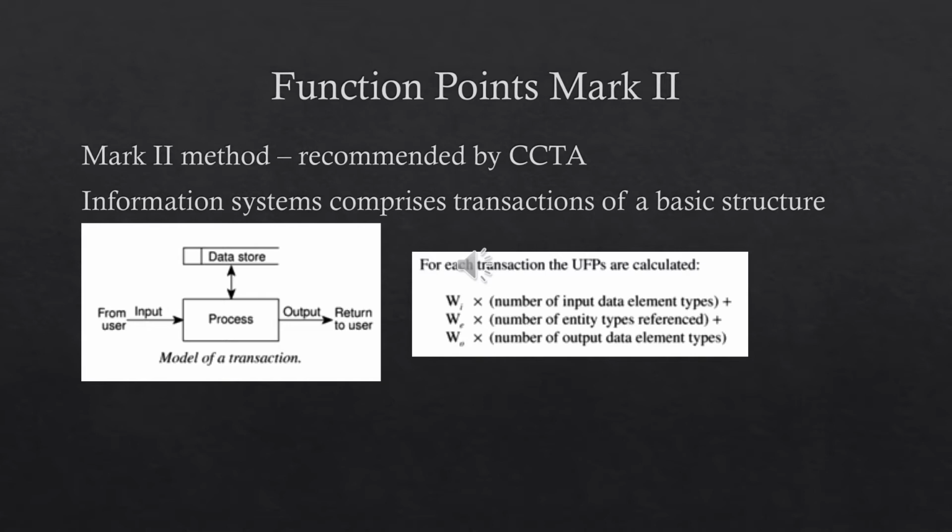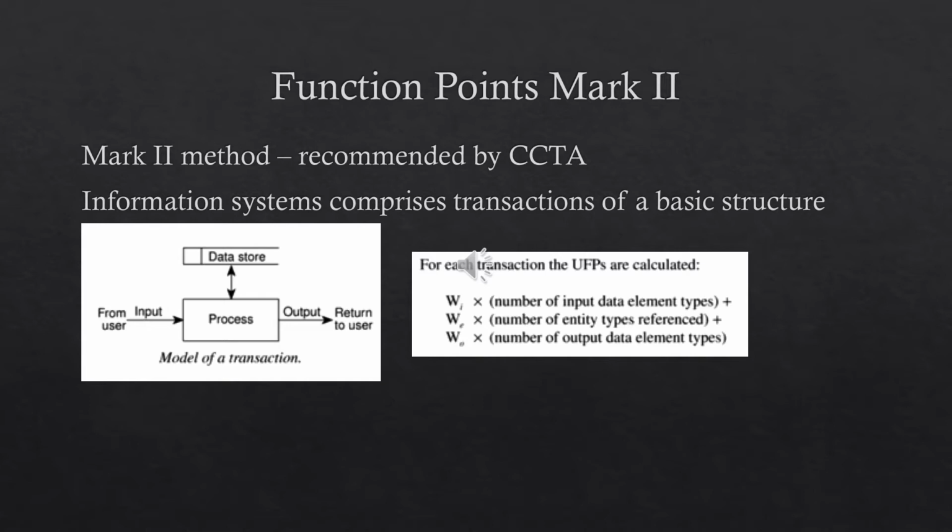The formula to calculate the UFP is WI times the number of input data element types, plus WE times the number of entity types referenced, plus WO times the number of output data element types.